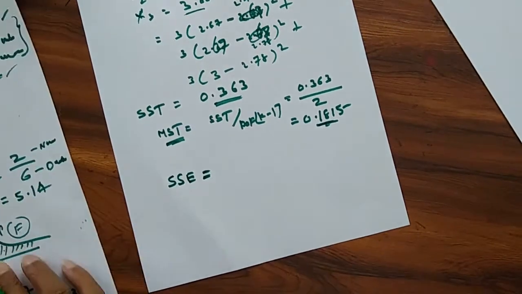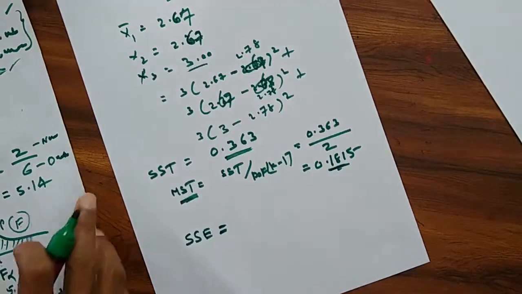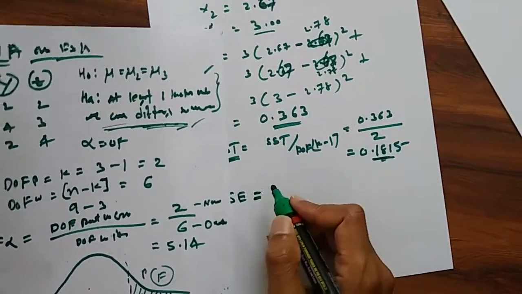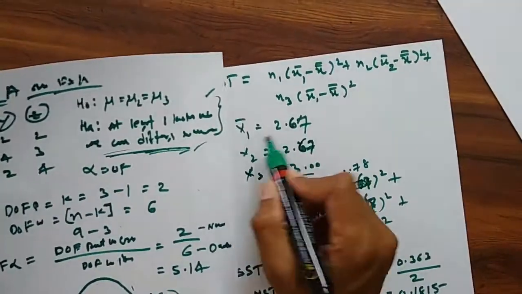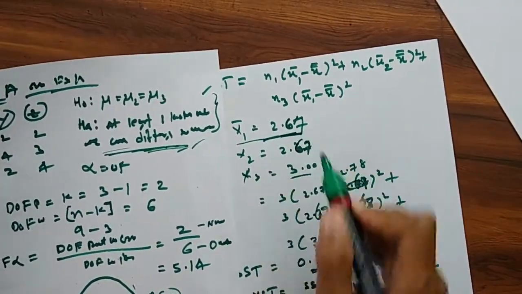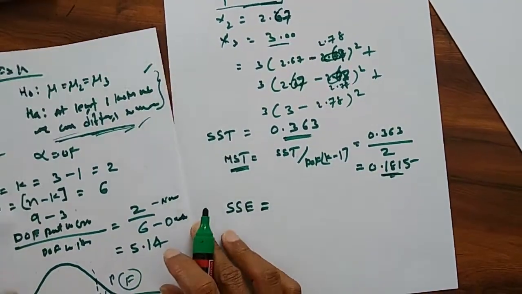SSE is ultimately what we will do: from each sample, this is our first sample, 1, 2, 3, and we know the first sample mean is 2.67.